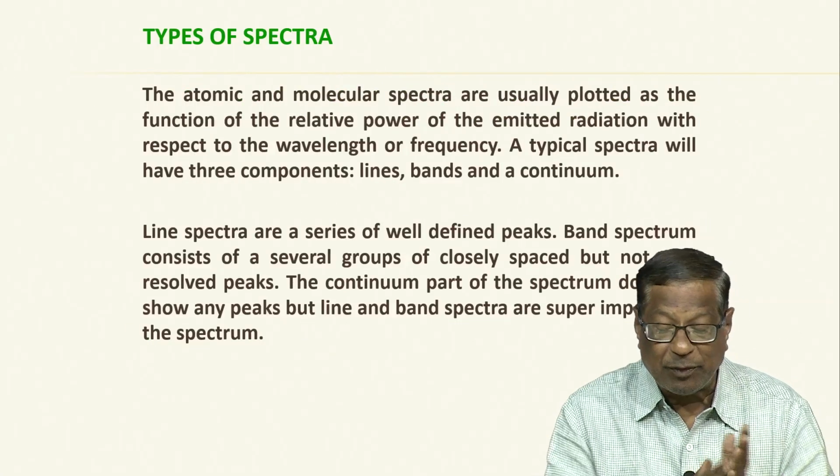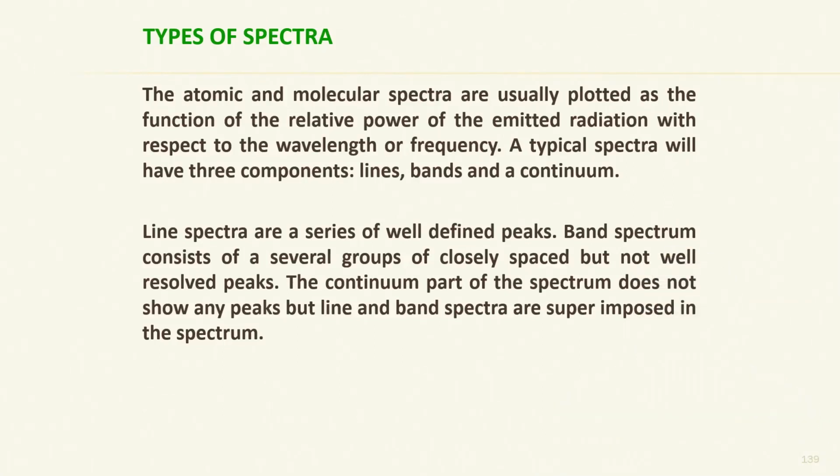So, there are different types of spectra. The typical spectra have three components: lines, bands and a continuum. Line spectra are a series of well defined peaks, band spectrum consists of several groups of closely spaced but not well resolved peaks, and the continuum, as usual, has no boundaries; it is just a sort of illuminated area, that is continuous spectra.